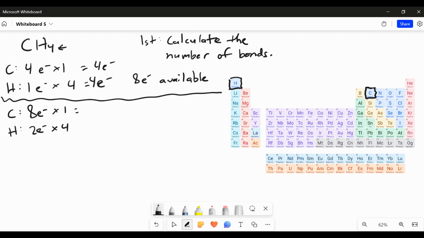So 8 electrons times 1 means carbon needs 8 electrons. Each hydrogen wants 2 electrons, and there are 4 of them. That's another 8 electrons. So in total, if each of these met the octet rule on their own, we would need 16 electrons.